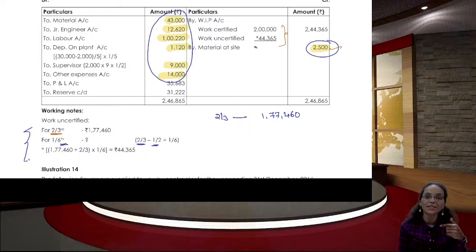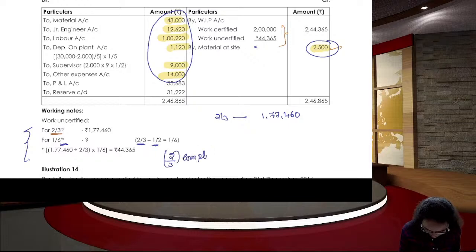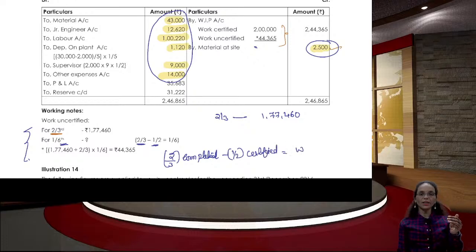In the sense, the remaining is uncertified. So 2/3 is completed from our end, but only 1/2 is certified. It means completed minus certified is the uncertified.